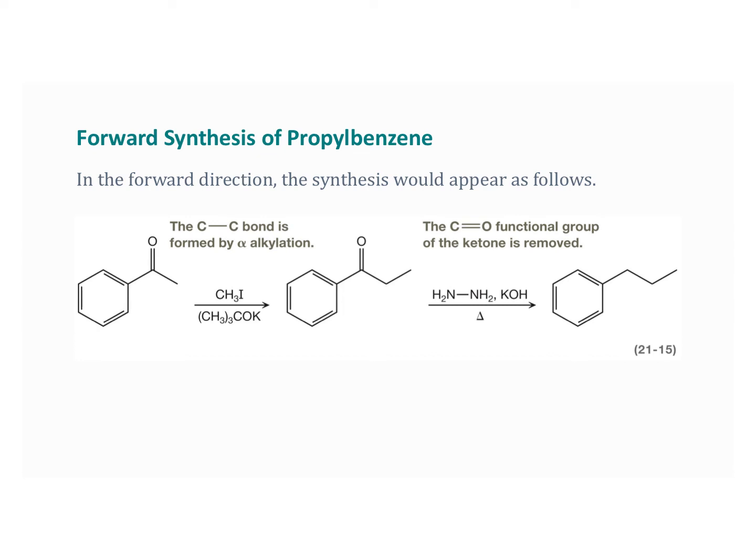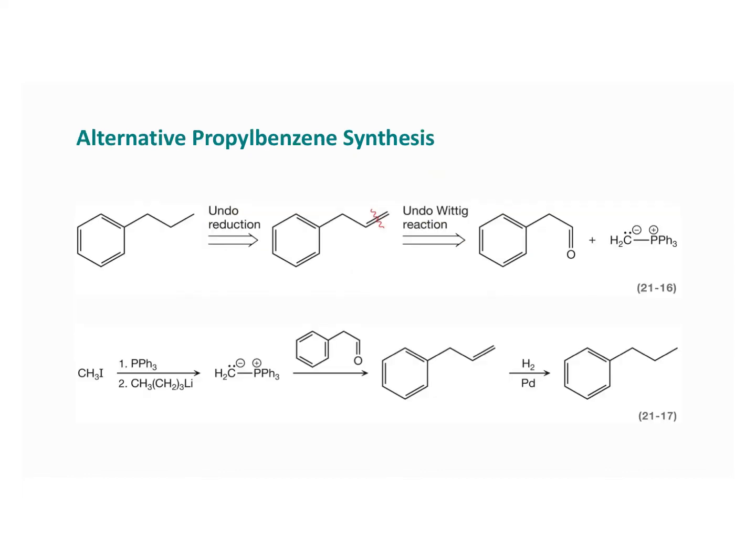So, as I mentioned before, there can be a couple ways to do this. Another way to do this would be, instead of converting this carbonyl group into a CH2 group, we could use catalytic hydrogenation to remove a carbon-carbon double bond. And so, look, here's an alternative one, right?